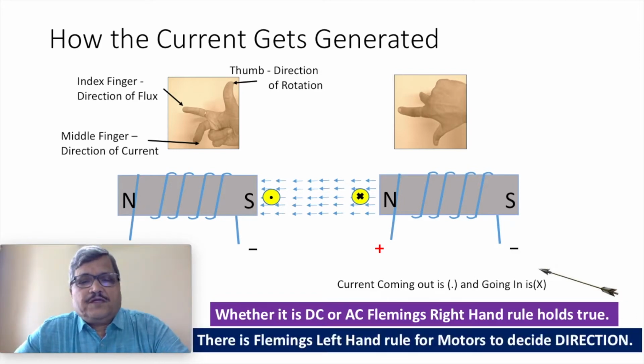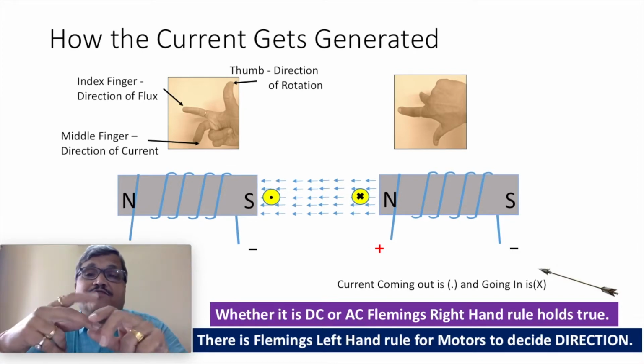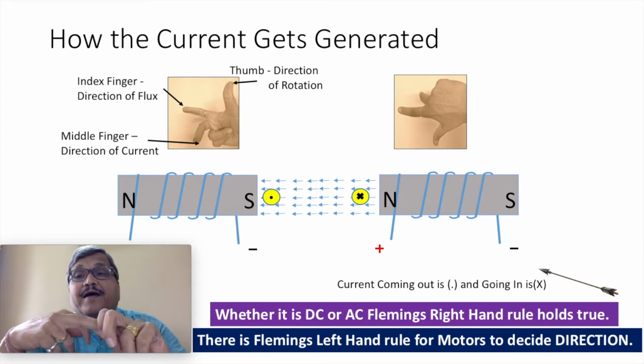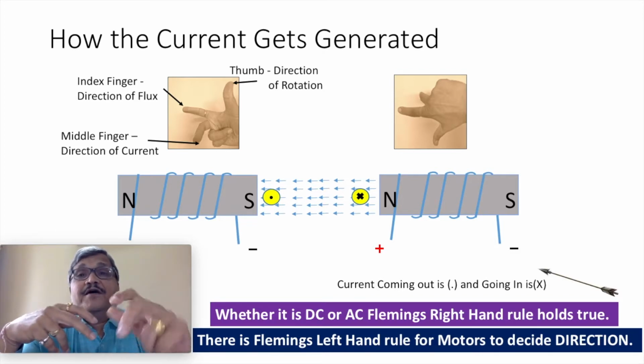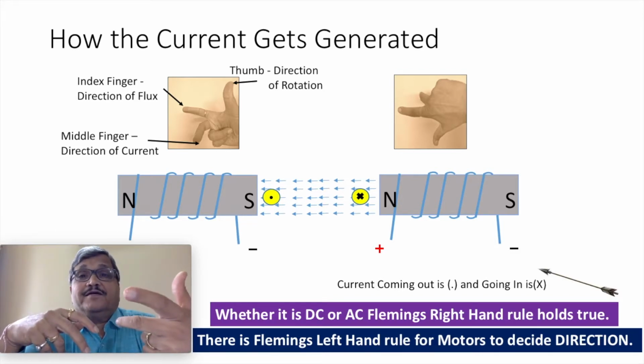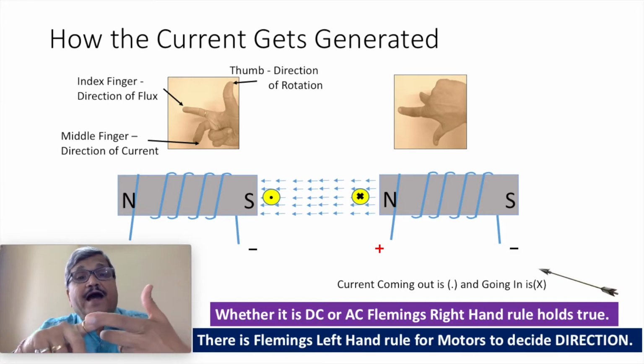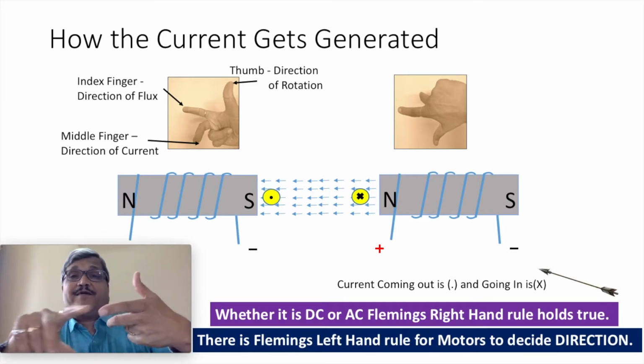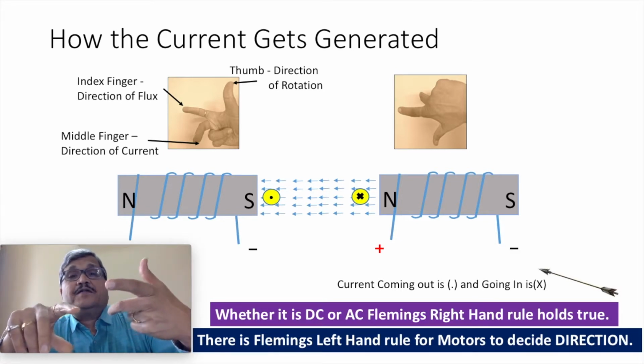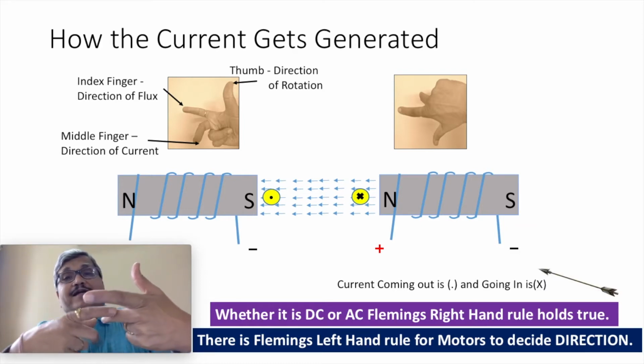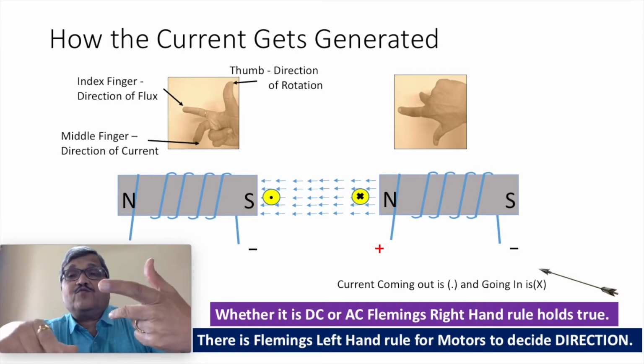There is a Fleming's left hand rule for motors to decide direction, because we have used Fleming's right hand rule to decide the direction of the current indicated by the middle finger. But in case of a motor, the direction of flux can be decided by us, the index finger. The direction of current can be decided by us because we are giving current to the motor.